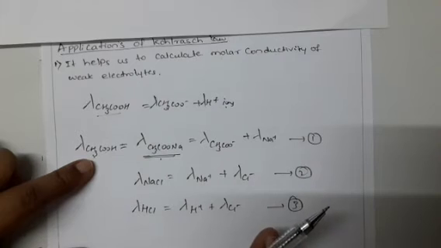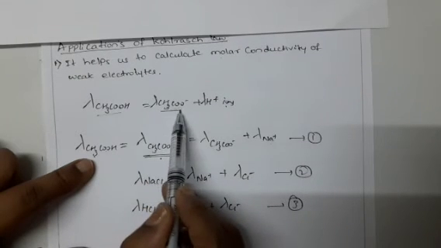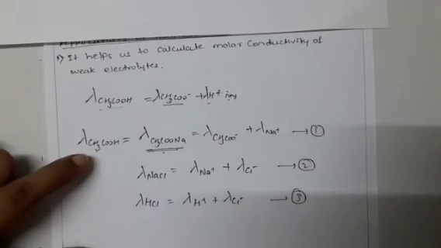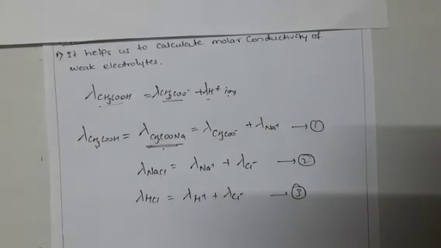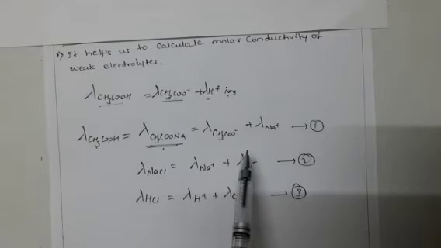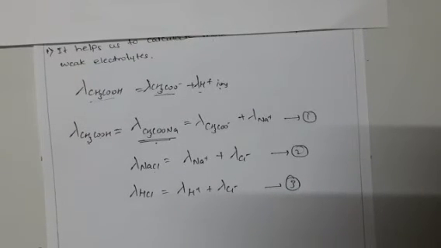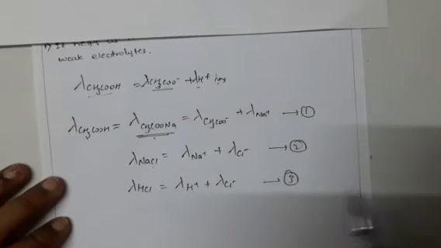We only want the values of CH3COO minus and H plus. So for that, from these data, we have to include the uncommon ion equations. What do you mean by uncommon ion equation? We have to add equations with uncommon ions. Let's see.